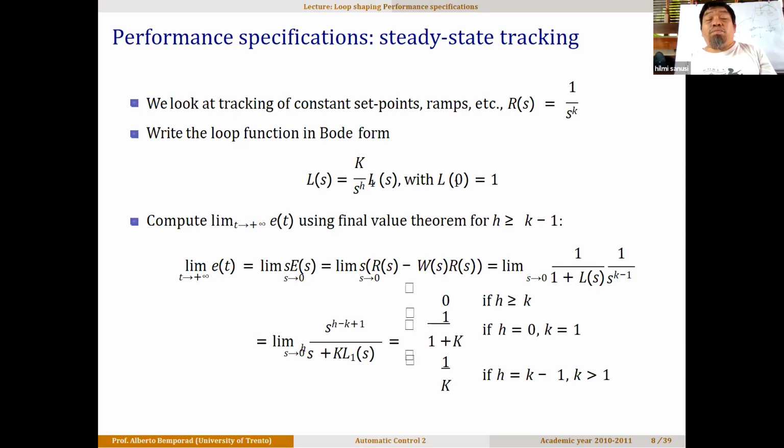This depends on the value of h, where h is the number of poles and zeros.